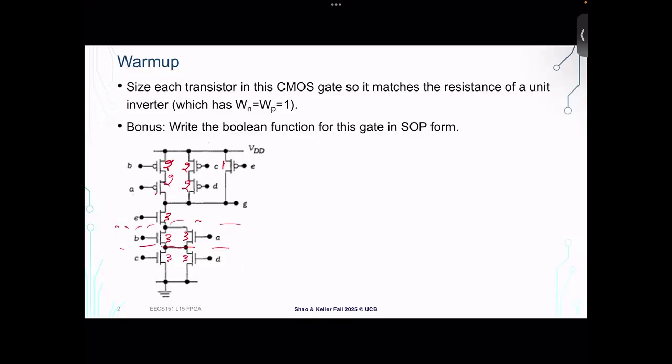Any questions about it? Right, if E is on, that's just the same number of transistors as in the unit inverter. But if A and B or C and D are on, that's twice as many transistors. And so we need to double the width in order to match the resistance and match the current.